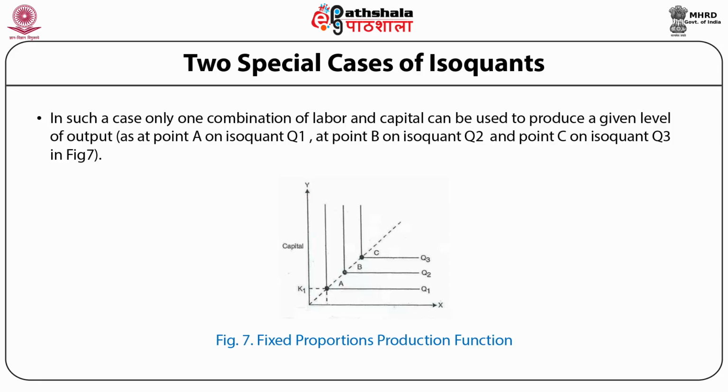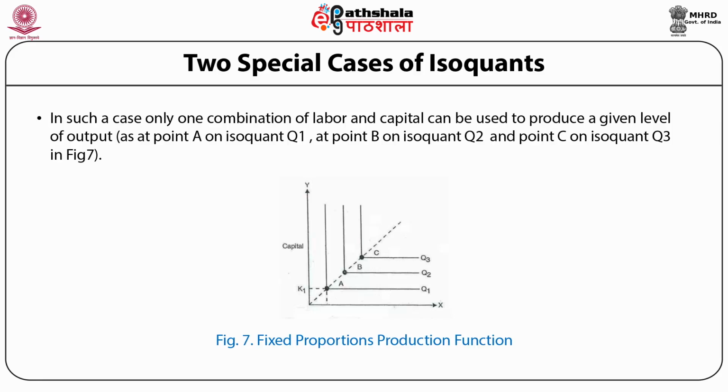Adding more labor alone in case of fixed proportion production function would not increase output, nor would adding more capital alone increase output. In figure number 7, points A, B and C represent technically efficient combinations of inputs for output levels Q1, Q2 and Q3 respectively.